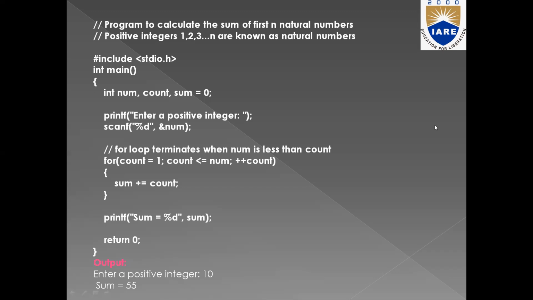But in the do while loop, it first executes one time, then it checks the condition. If the condition is false, it comes out. But whether the condition is false or true doesn't matter, it executes one time. That is the advantage of do while, and also a disadvantage.